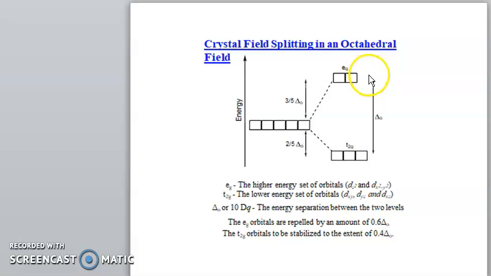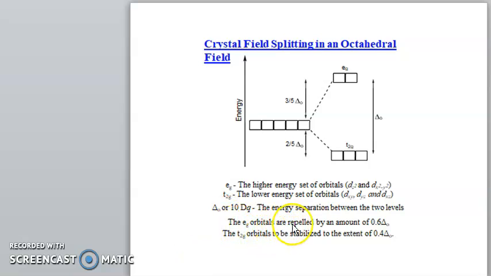The distance between these two sets, T2G and EG, is delta octahedral, or 10 Dq. Both are the same, the energy separation between these two levels. The energy gap between these two sets of orbitals is delta octahedral or 10 Dq.